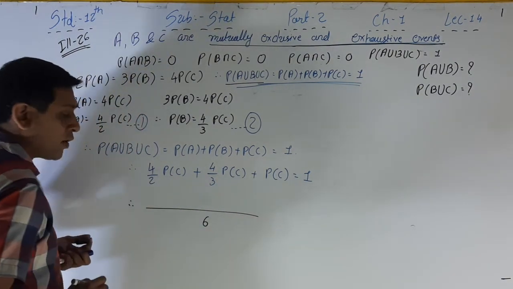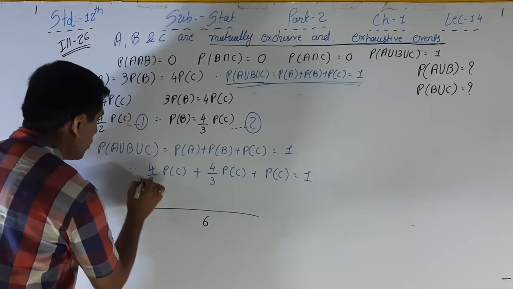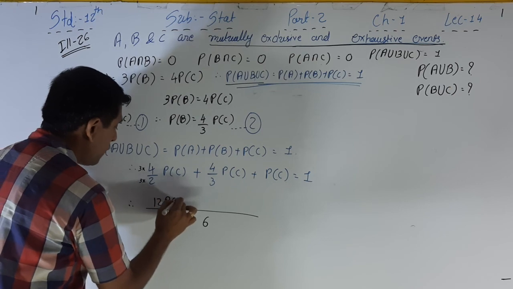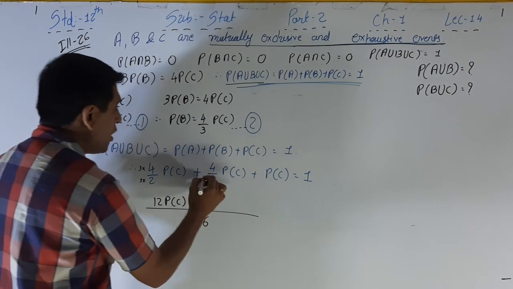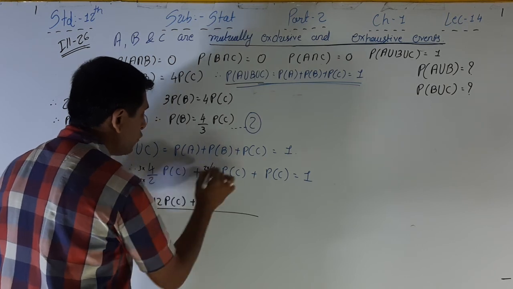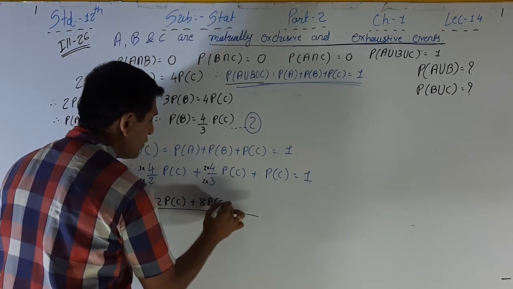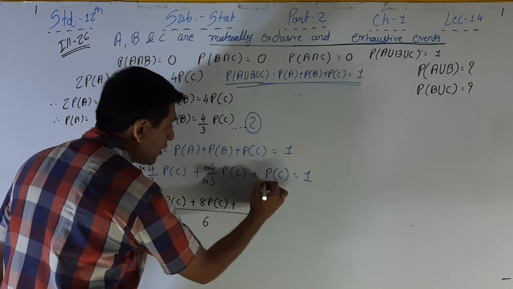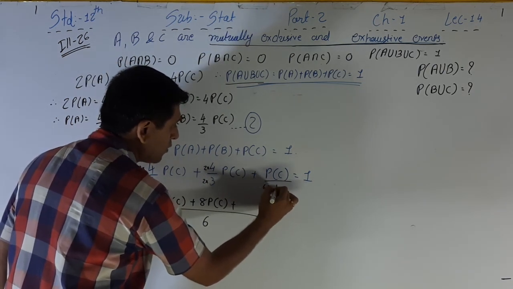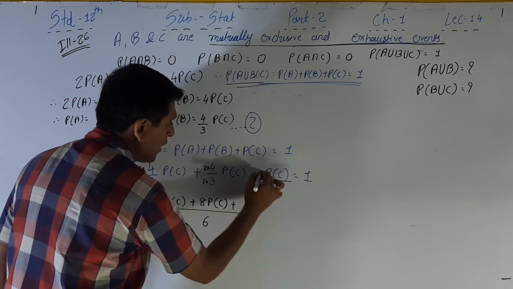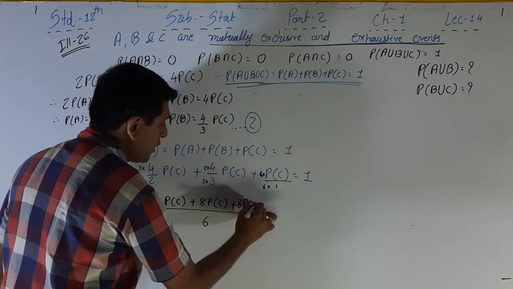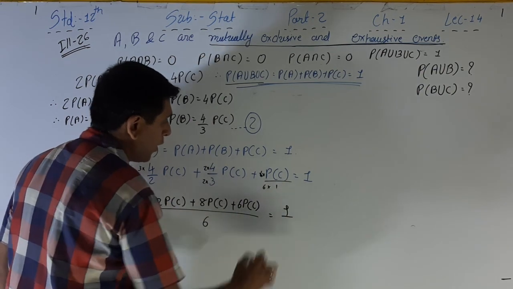Now here, what do we have to multiply? 3. 3 twos are 6, so 3. 3 fours are 12 P of C plus, here we have to multiply 2. 2 fours are 8 P of C plus, here nothing is there, so we have to multiply 6. So 6 P of C is equal to 1.